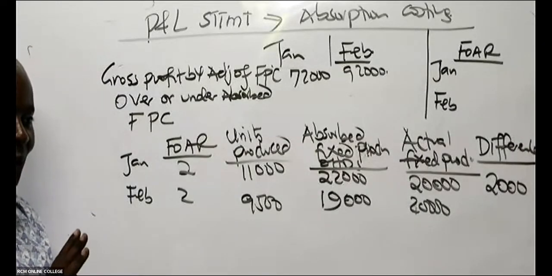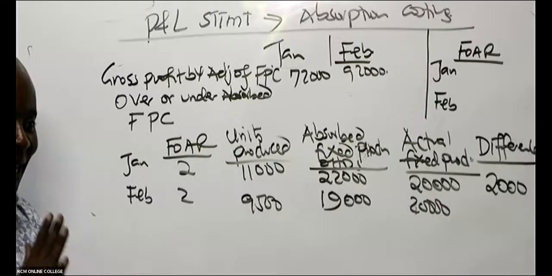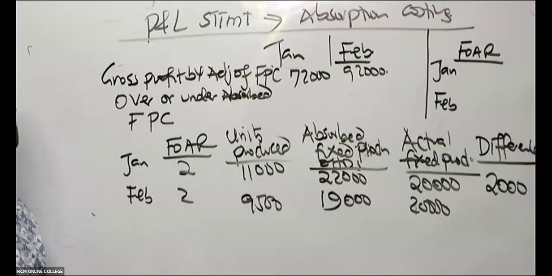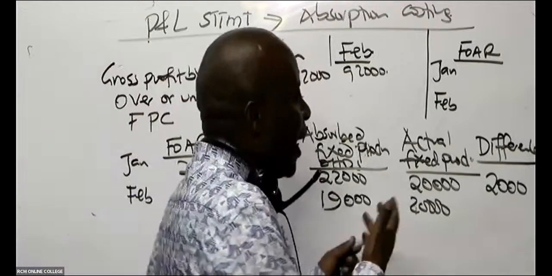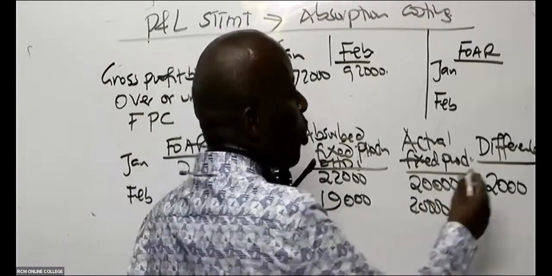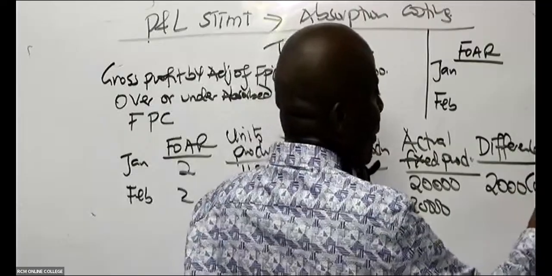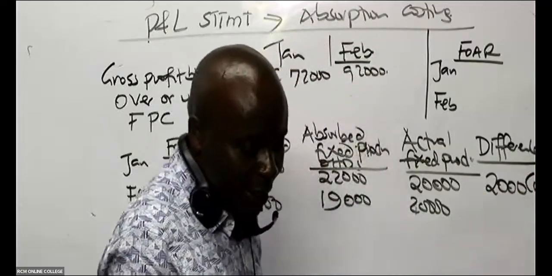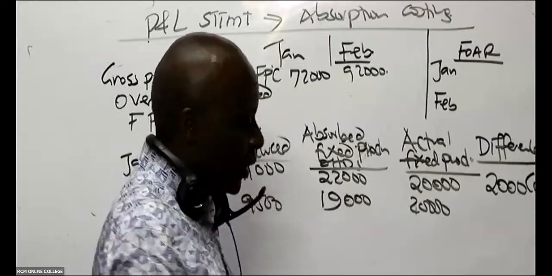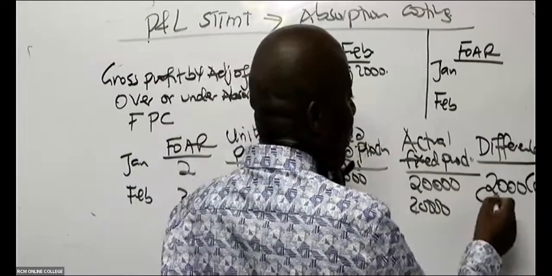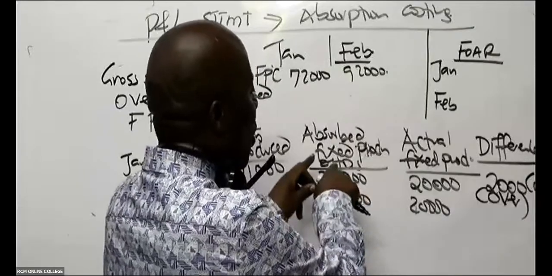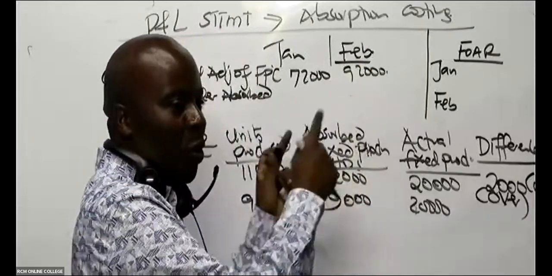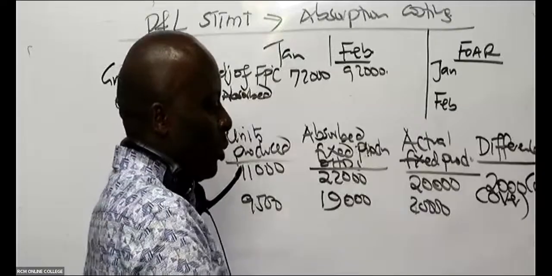I want you to tell me whether it's over or under absorbed. The absorbed was higher than the actual, so this is what we call over absorbed. Sorry for that, because I can see many people, even online, are giving me the opposite. So for January, it's over absorbed because the absorbed is more than the actual.